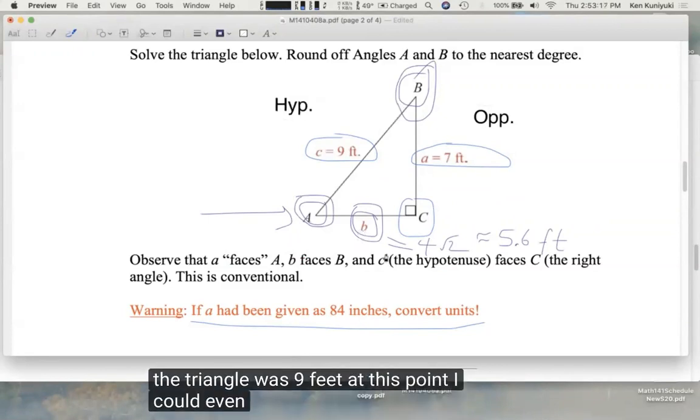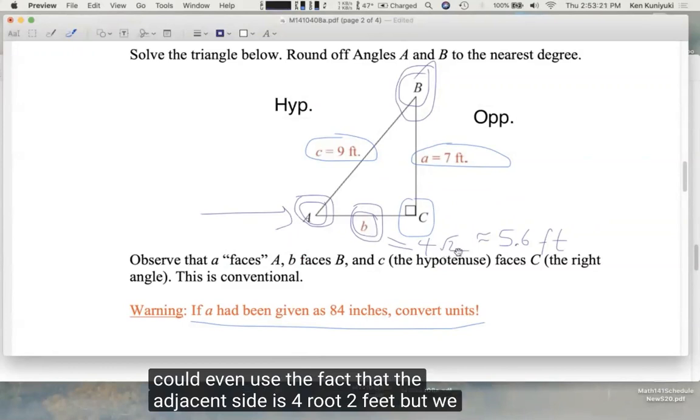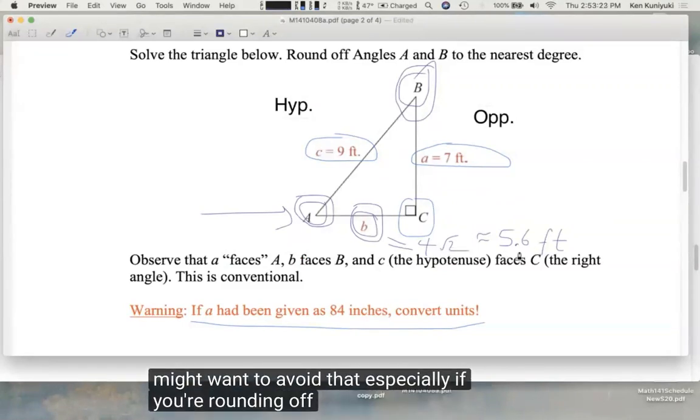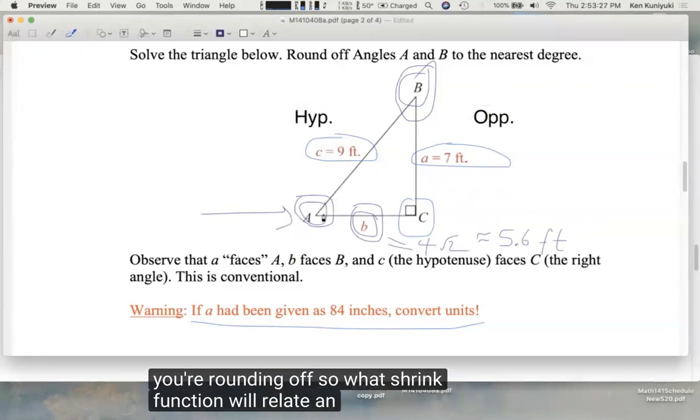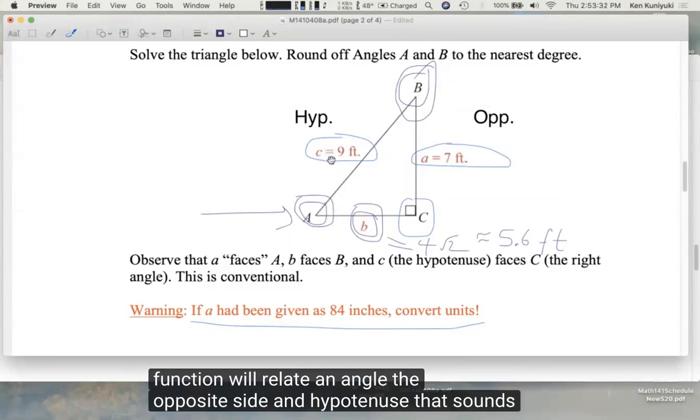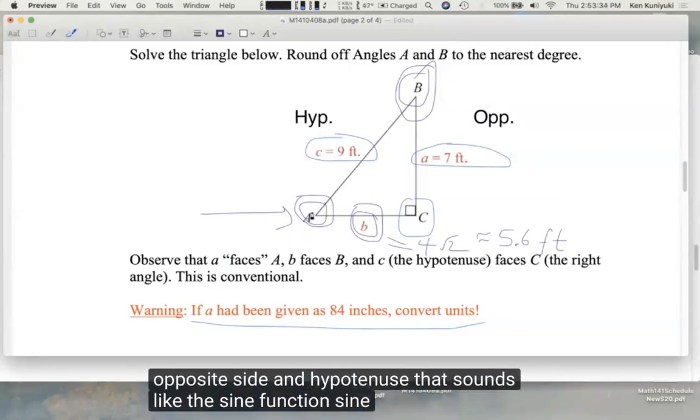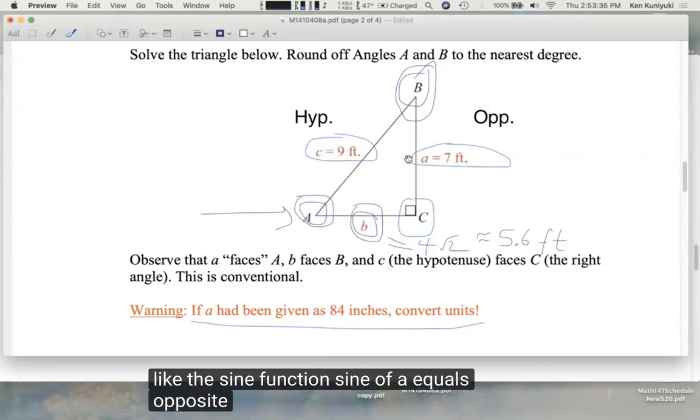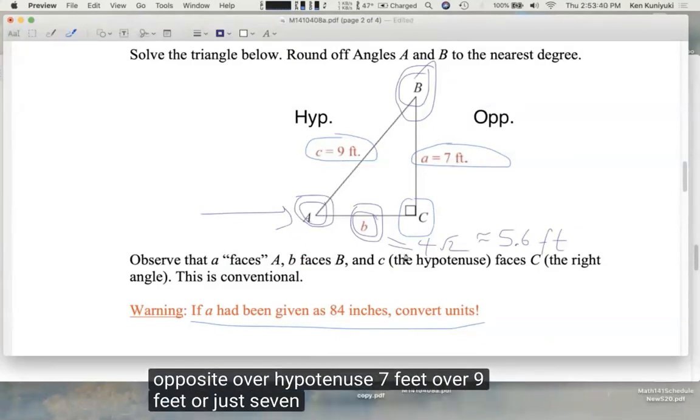At this point, I could even use the fact that the adjacent side is 4 root 2 feet, but we might want to avoid that, especially if you're rounding off. So what trig function will relate an angle, the opposite side, and the hypotenuse? That sounds like the sine function. Sine of A equals opposite over hypotenuse, 7 feet over 9 feet, or just 7/9.